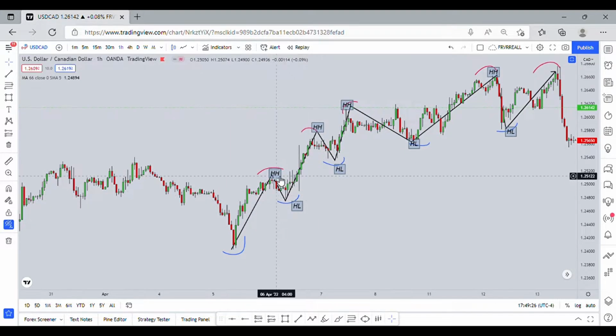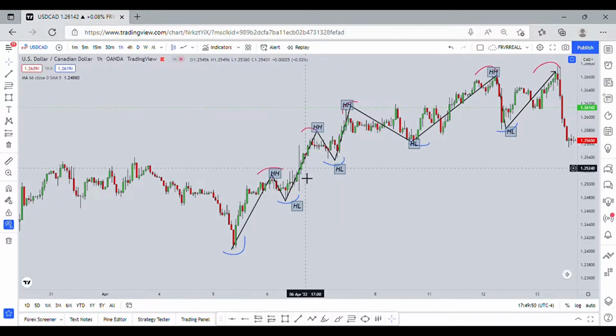Here the price has made a higher high. So it means that this high is higher than this high, and then it makes a retracement. The retracement now becomes the new higher low.